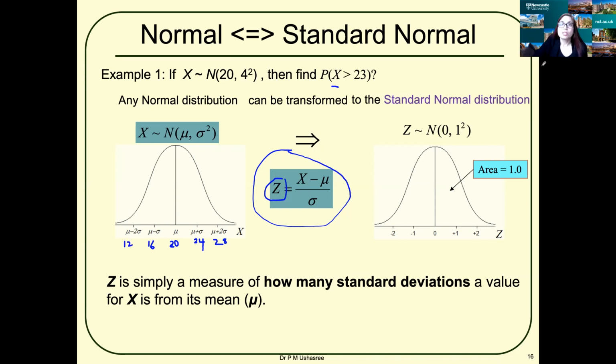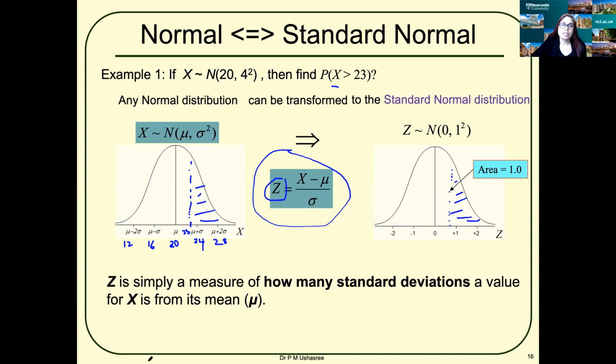Okay. So where is 23 lying? Maybe 23 will be somewhere here. So the question is asking you to find the probability of X greater than 23. So that's 23. Somewhere here we need to find. We don't know the value, but we can say that it is somewhere here.